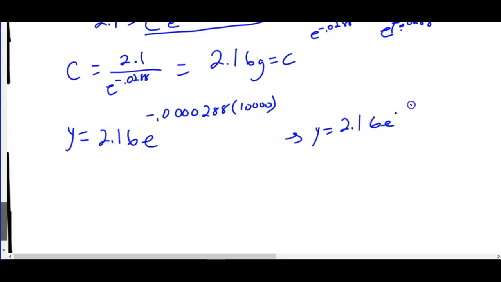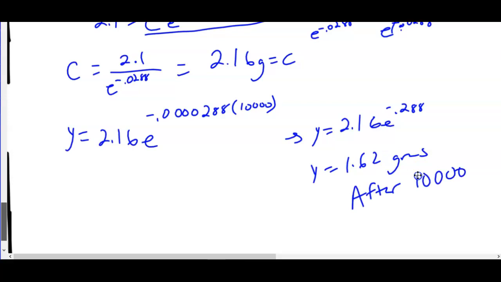So 2.16 times e to the negative 0.288. And when you do that, you get 1.62 grams after 10,000 years.